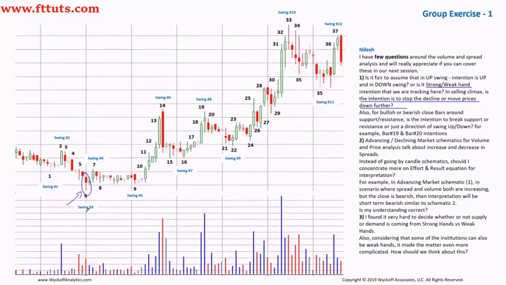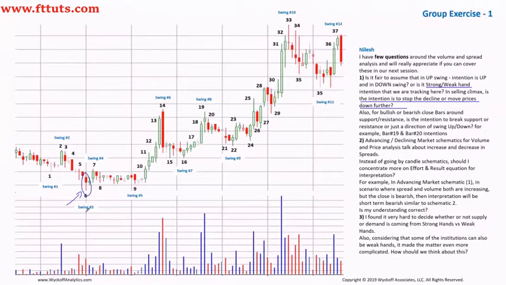So in a way, sometimes when I hear people say composite operator, composite man, trapped weak hands and wanted to move the price down so that all of the stop losses would work in the composite operator's favor, that doesn't really make sense to me.